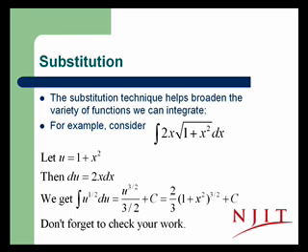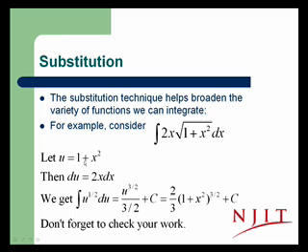The method of substitution helps us to broaden the variety of functions we can integrate. For example, consider the integral of 2x times the square root of 1 plus x squared dx. This doesn't look like anything we've taken an antiderivative of so far. However, if we use the u substitution technique, we let u equal some messy part of our expression.